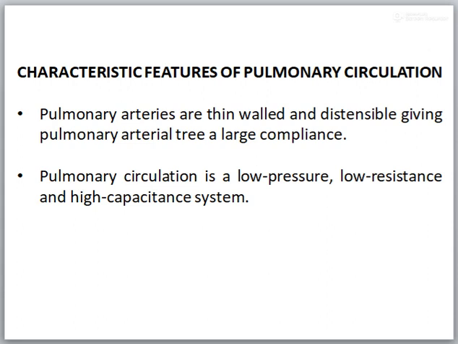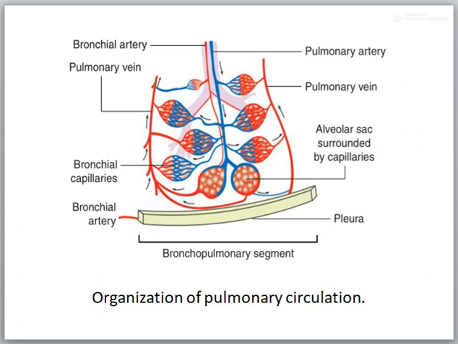The pulmonary capillaries surround the alveoli and are sandwiched between their walls. So each alveolus seems to be enclosed in a basket of capillaries. This is the organization of the capillary circulation.